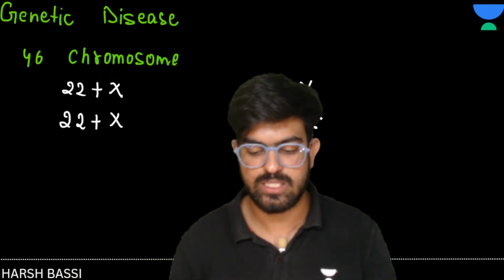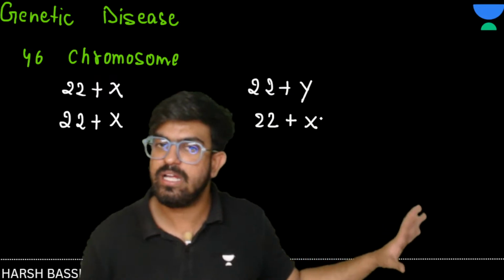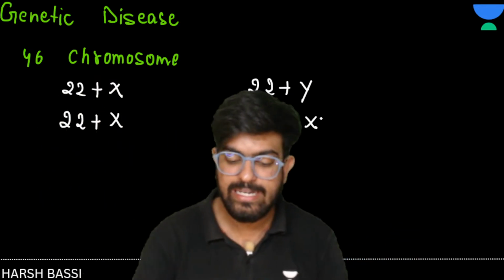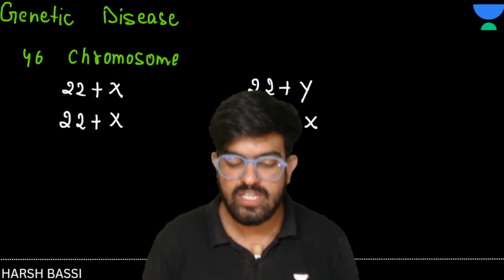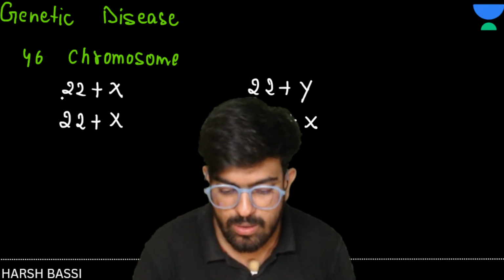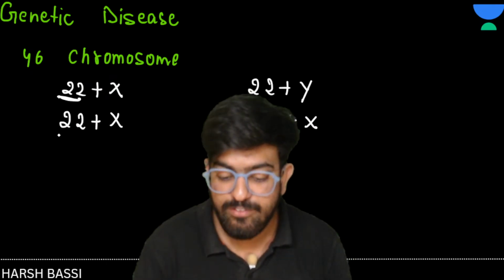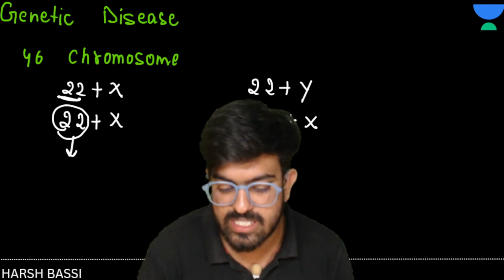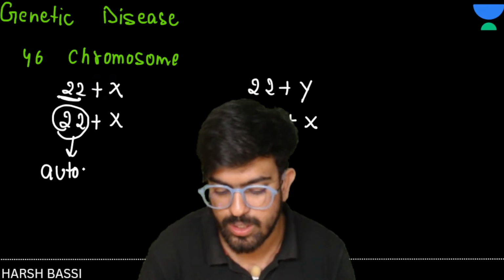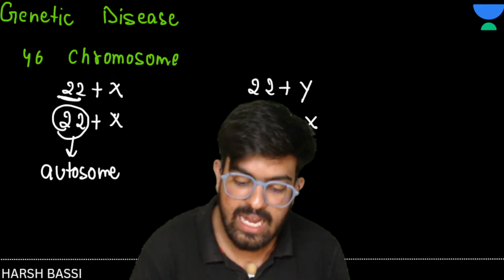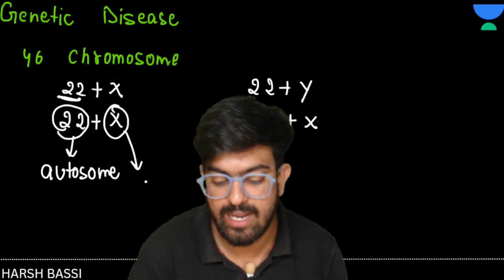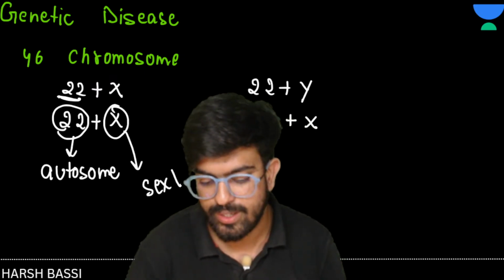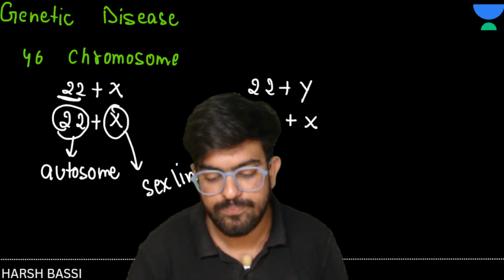This will be the format we are having. Right now we are not discussing this part, the 22. If we discuss it, we will say that it is autosome. And if we discuss this part, then I am going to say sex linked. So basically, we have 2 types of genetic disorders.